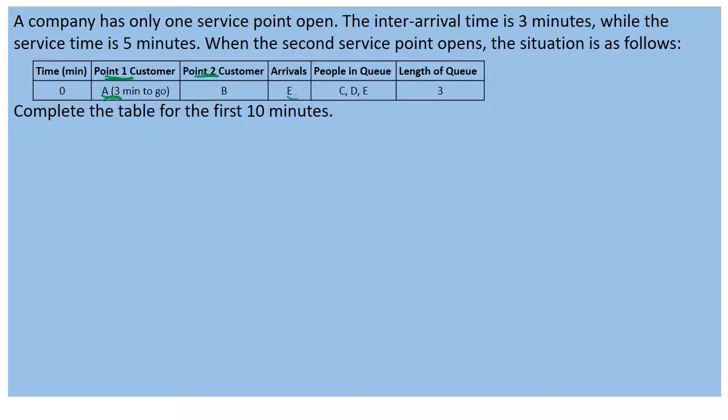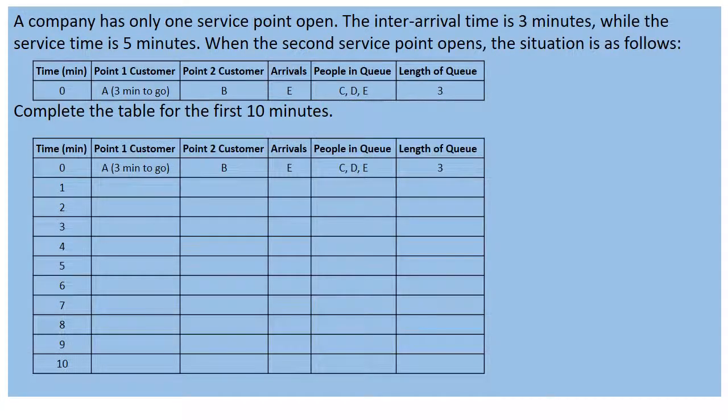Now, E has just arrived, and we've got these people in the queue, and therefore we have a queue length of 3 to start off with. So let's consider how we're going to fill this table in. If we've got 3 to go, so that's 1 there already, 2, and then 3.